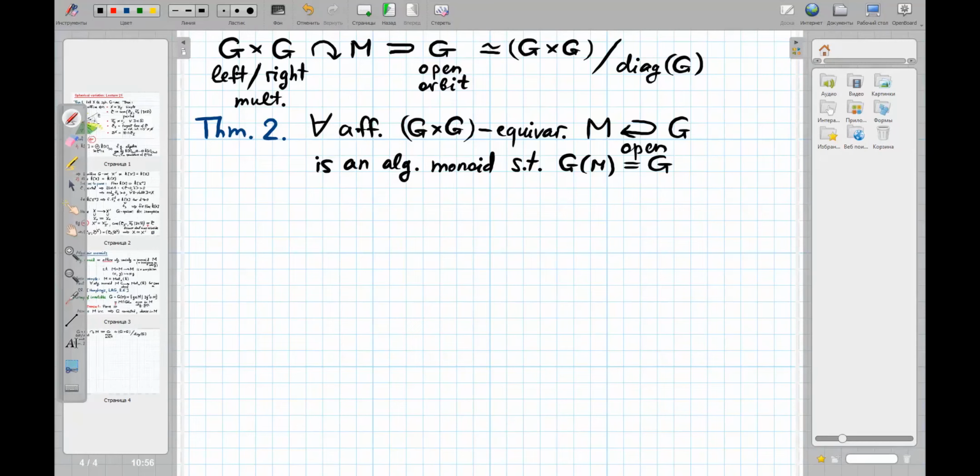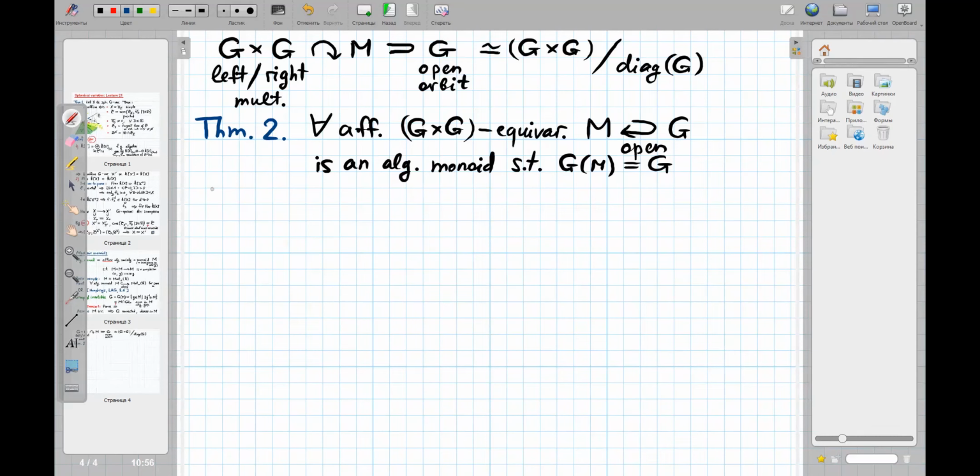Yeah, any question? So we require the embedding is open and G is connected, right? Yes. All the above assumptions, we keep the above assumptions. So yes, embedding is open and G is connected.